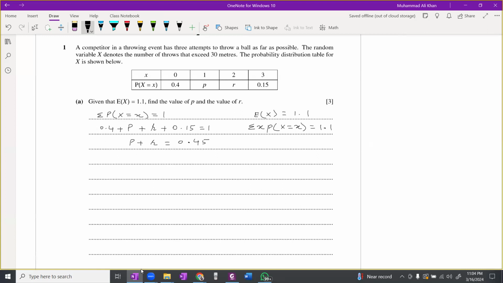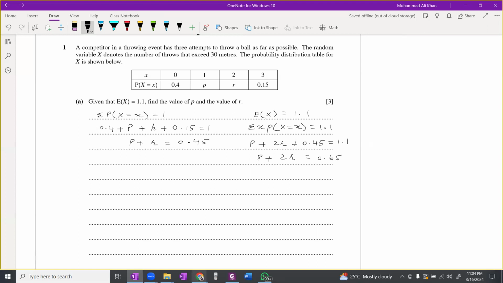So now, 0 into 0.4 is 0, 1 into P is P, 2 into R is 2R, plus 3 into 0.15 is 0.45, equals 1.1. According to this, P plus 2R equals 0.65. This is our second equation.